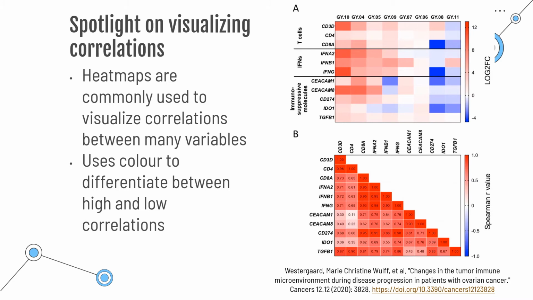These kinds of visualizations use color to differentiate between high and low correlations. So you can see on the right, there is a gene expression heat map showing the changes in the tumor immune microenvironment during disease progression in patients with ovarian cancer.